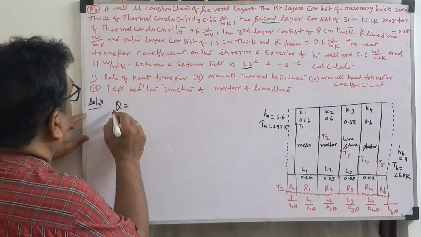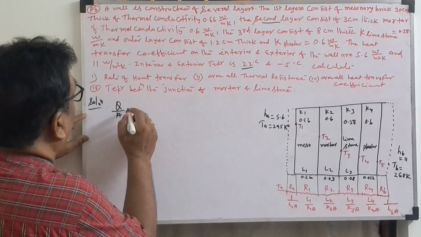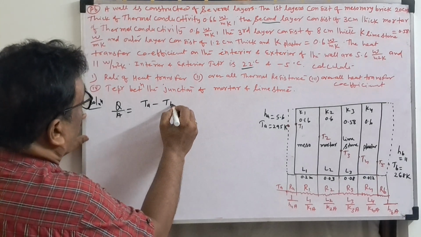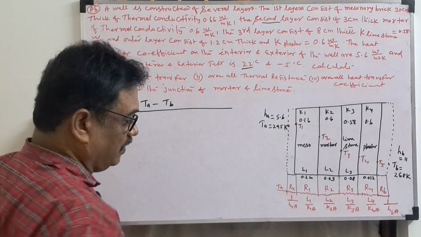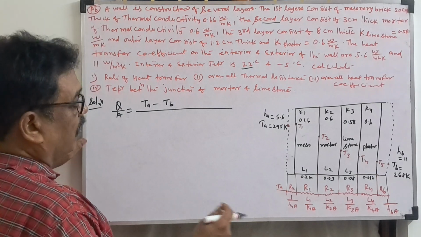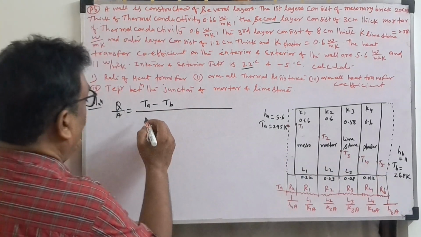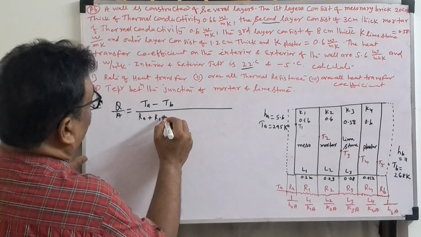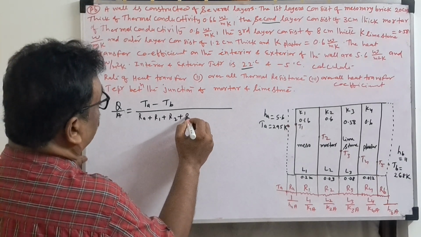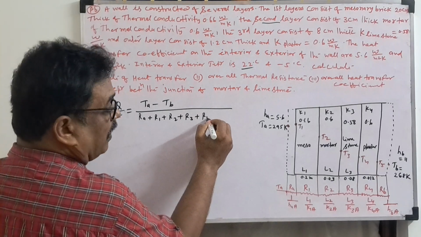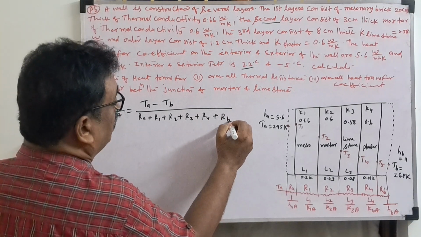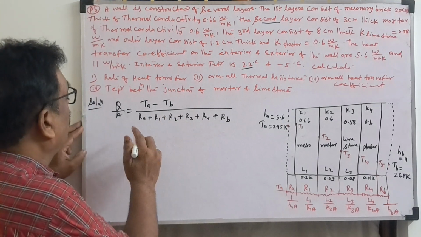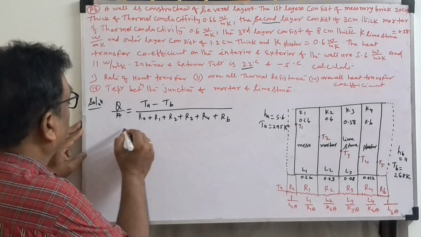So Q by A equal to overall temperature, TA minus TB, divided by all the thermal resistances. You write here RA plus R1 plus R2 plus R3 plus R4 plus RB. These steps you can ignore also, but I am writing for your understanding.